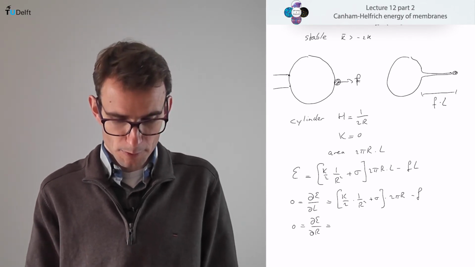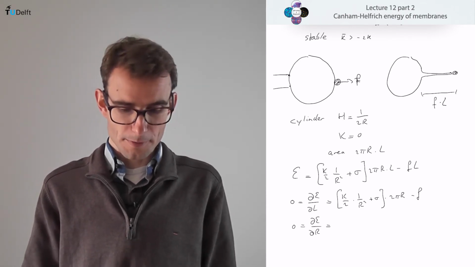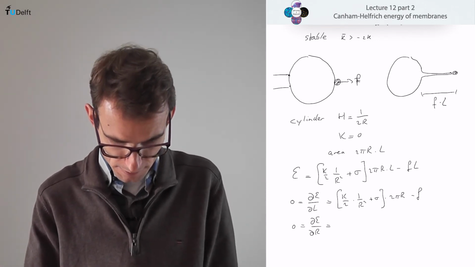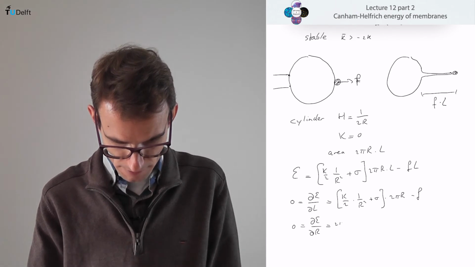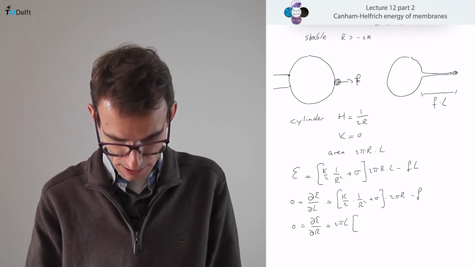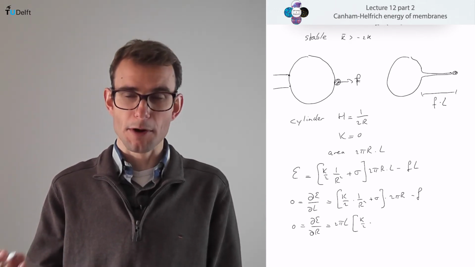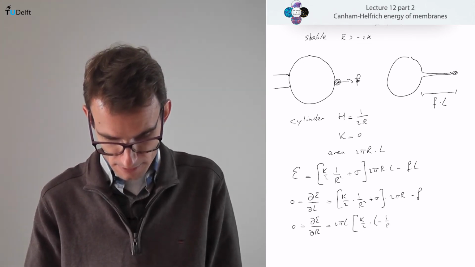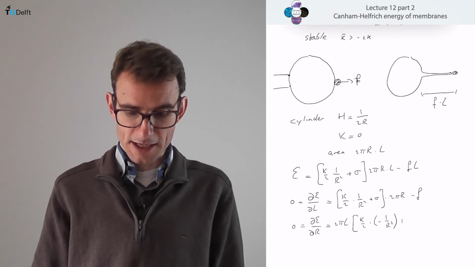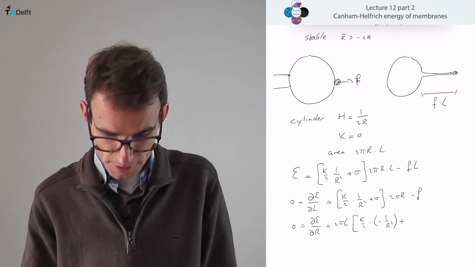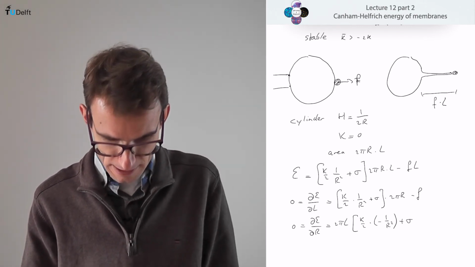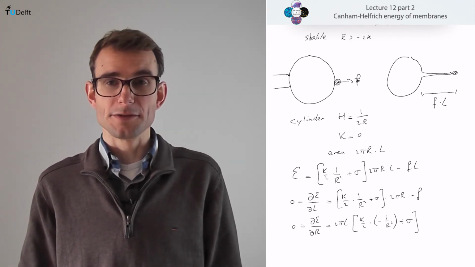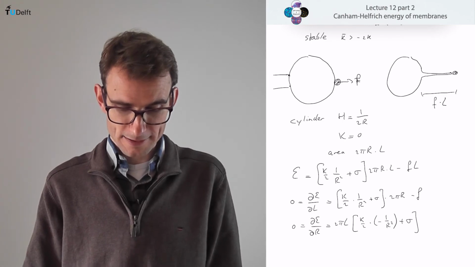And this one is a bit more work, because the first term has a 1 over r, so the derivative becomes a minus 1 over r squared, so we have 2 pi L, and then we have kappa over 2 times the derivative of 1 over r, which is minus 1 over r squared, plus the sigma term, which just had an r, so this just remains sigma, and the F times L is independent of r. And so this one gives us a number that's independent of the length.